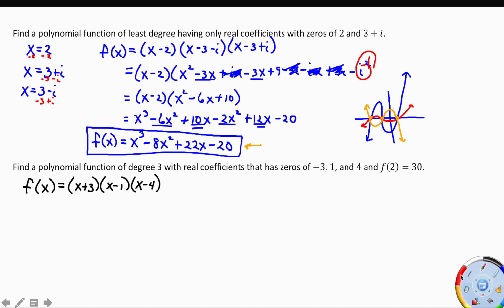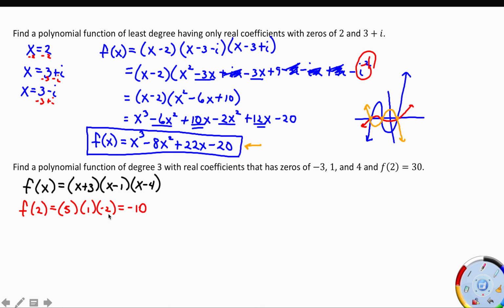So I could say, well, let's plug a 2 in right here. If I just plug a 2 in, let's see what I get. 2 plus 3 is 5. 2 minus 1 is 1. 2 minus 4 is negative 2.